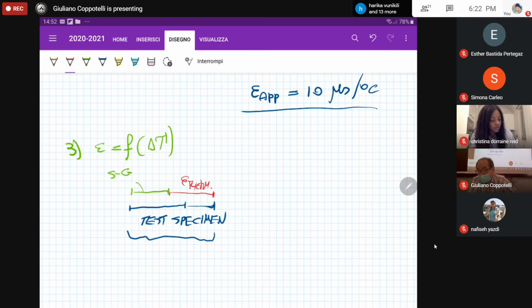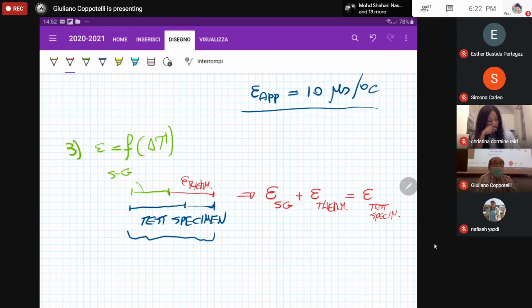So what I can say is that the strain of your strain gauge, epsilon G, plus the strain induced by the thermal effect at the strain gauge level, should be equal to the strain of the test specimen.